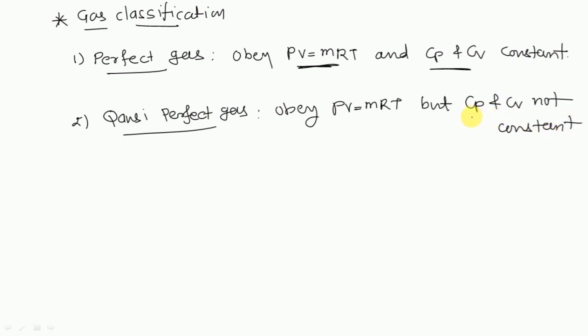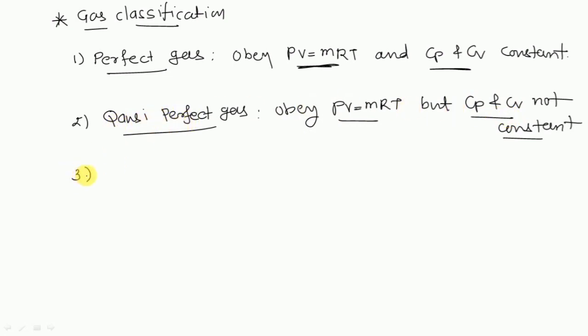These values vary. They obey the PV is equal to mRT relation, but the values of Cp and Cv are not constant. This type of gas is categorized as a quasi-perfect gas.